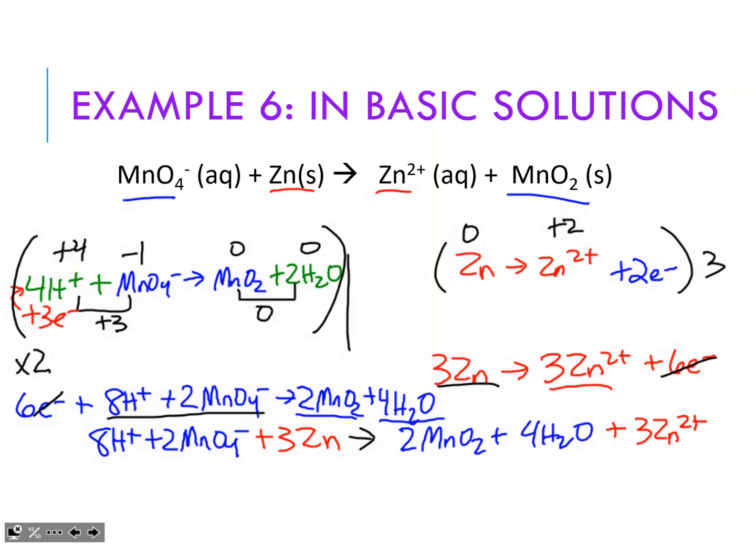Now we're going to add in hydroxide number based off of how many hydrogens there are. So how many hydroxides do I need to add? 8. What I do to one side, though, I have to do to the other. Now this turns into what? 8 waters. Very good.